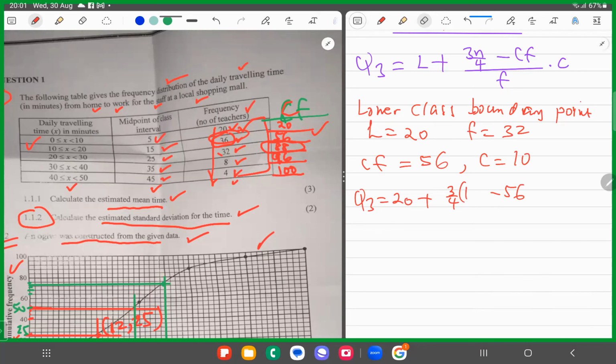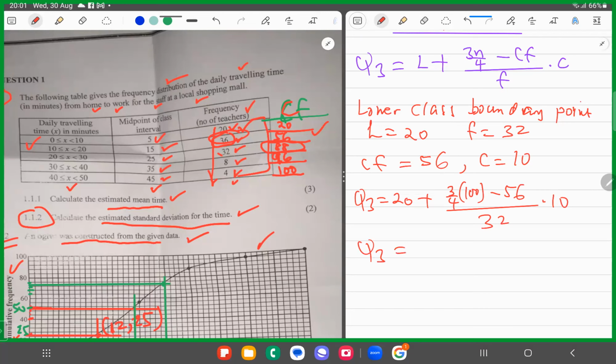Right, so it's 100 here minus 56 divided by, what is the frequency here? I said it's 32. The class is of the width 10.